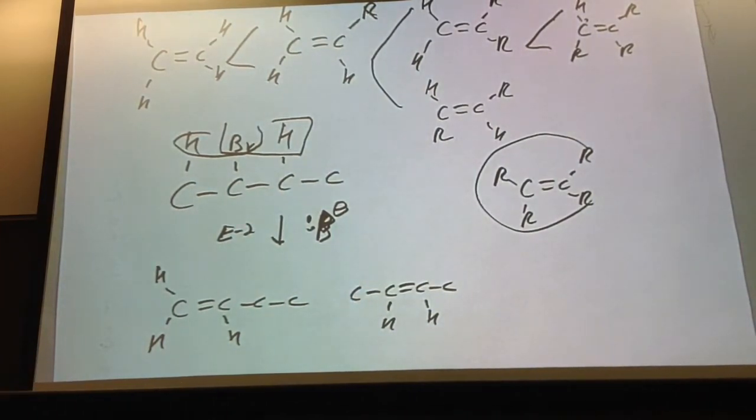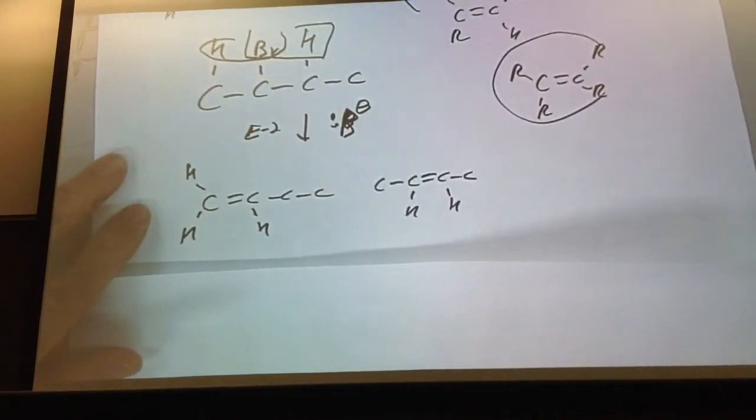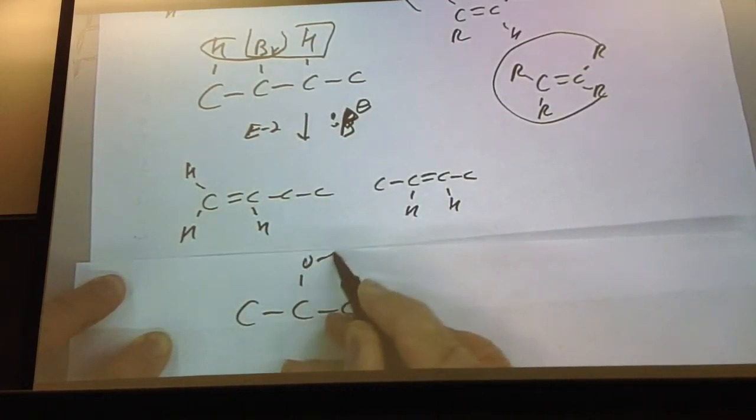Now, this is what those who take lab, this is what we did in the lab this week. Instead of having a halogen here, you can have a hydrogen, right? So instead of starting with this material here, we just did, you can also do this. OH.